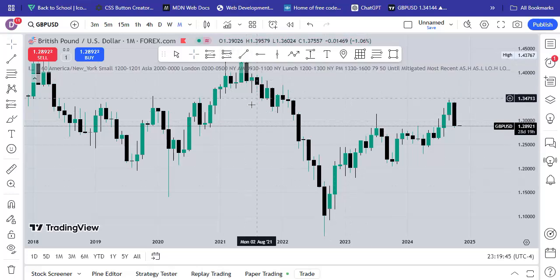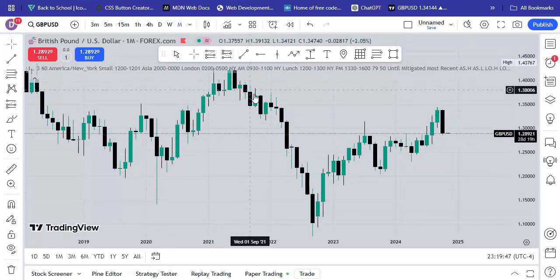From here, as you can see, GBP USD in the year 2022 was dropping down every month. These candles right here stand for each month in the year 2022. This is November 2021, this is December 2021, while here is January 2022. From this candle right here, we kept dropping down.